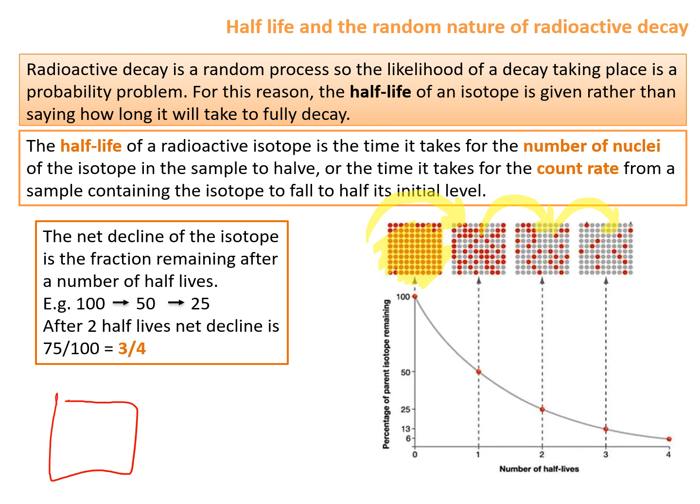So for example here, it started with 100 radioactive units. To get down to 50 took this long. To get to 25, half of 50, will take the same amount of time. To get to 12.5 will take the same amount of time. To get to 6.25 will take the same amount of time.